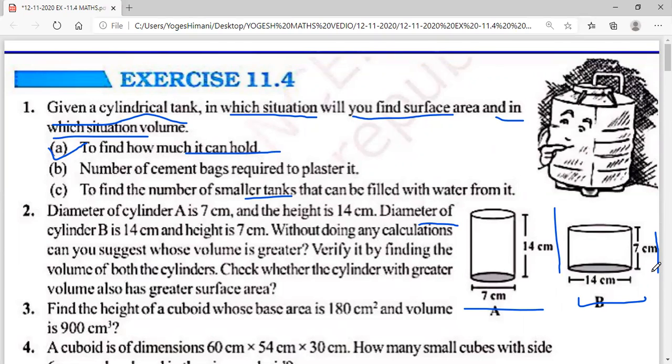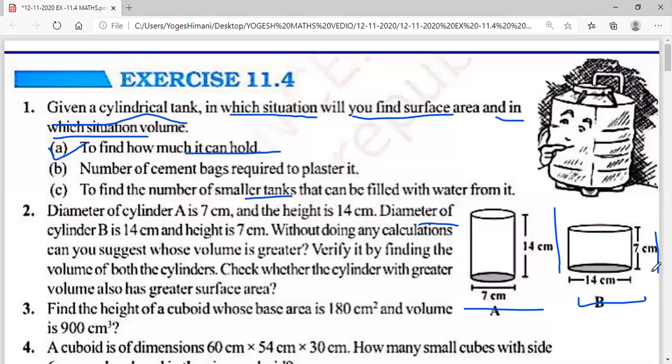Without doing any calculation, can you suggest whose volume is greater? We are not required to do any calculation for this part. Then verify it by finding the volume of both the cylinders, and check whether the cylinder with greater volume also has greater surface area.